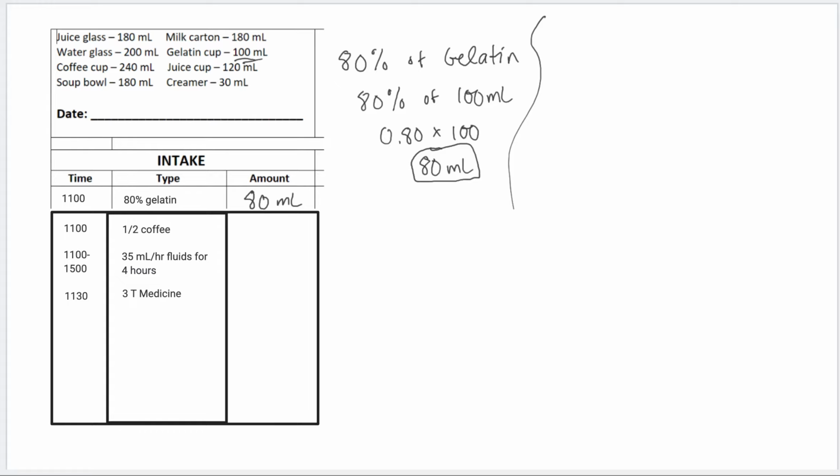Half the coffee. So half of the coffee, we need to be able to work and operate with fractions and percents and decimals. So if I look at the coffee cup is 240 mLs. So I have 1/2 times 240 mLs. If I multiply that, I get 120 mLs.